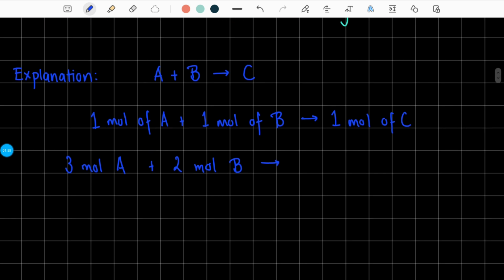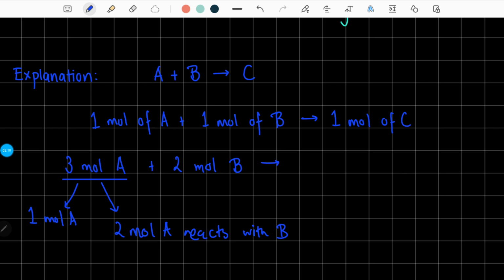Well, in A, only 2 moles will react with the 2 moles of B. The other 1 mole of A is in excess and nothing happens to it.